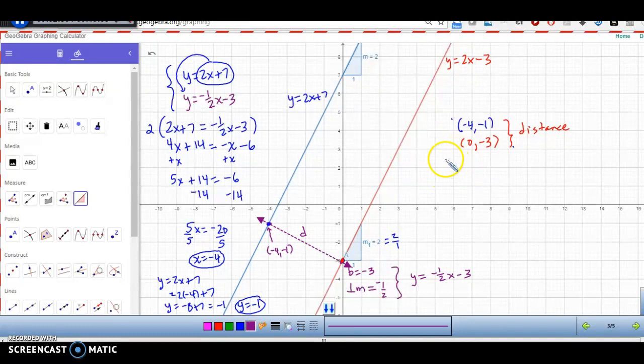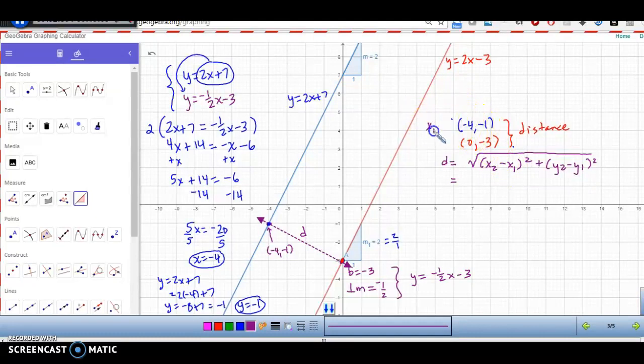So again, the distance formula, d is equal to the square root of x2 minus x1 squared, the difference of the horizontal distance of the points, the x values, plus the difference in the y values, or the vertical distance squared. And again, the distance formula is just the square root of the Pythagorean theorem, square root of a squared plus b squared.